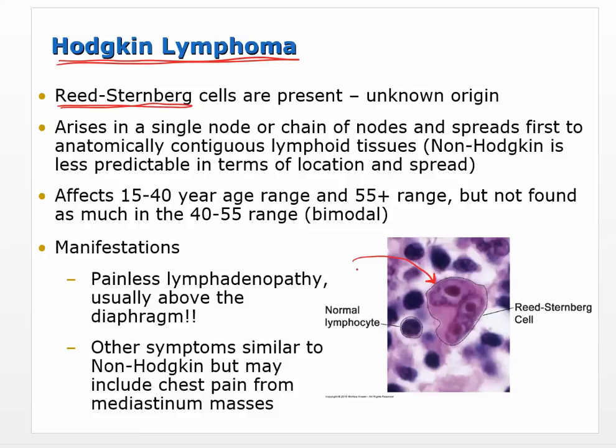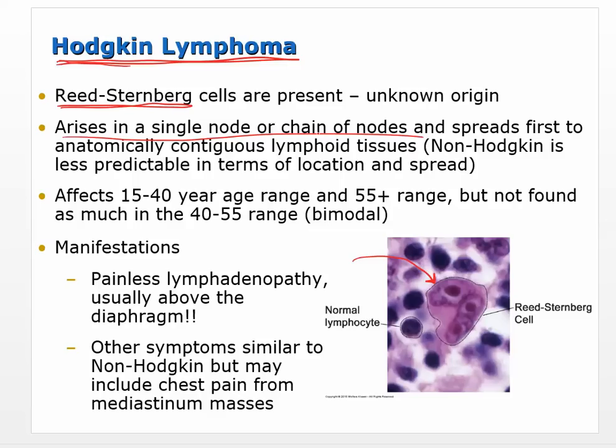That doesn't mean that if you don't see it, it can't be Hodgkin, but if you see this cell, you absolutely know that it's Hodgkin lymphoma. This is the other characteristic: it arises in a single node or a chain of nodes and spreads first to the anatomically contiguous node. That makes it a little easier to keep an eye on and a little easier to trace.